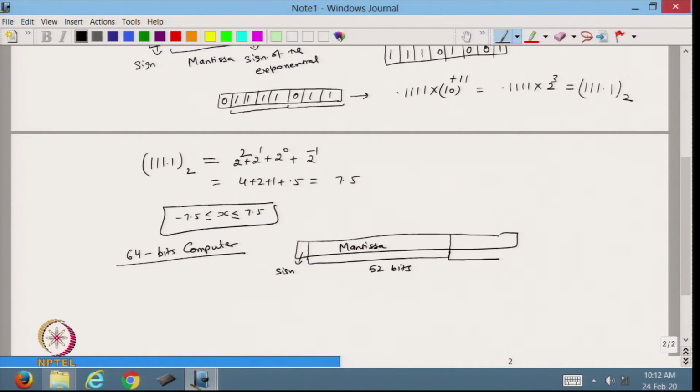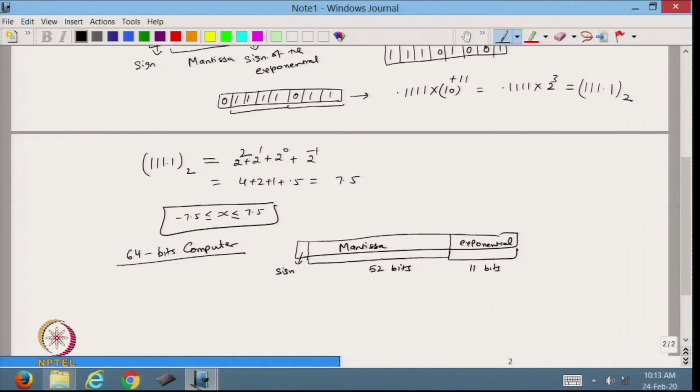And the next 11 bits are for the exponent. So, it's 52, 11, 63 and 1, making 64. So, this is the way a number can be stored in 64 bits.